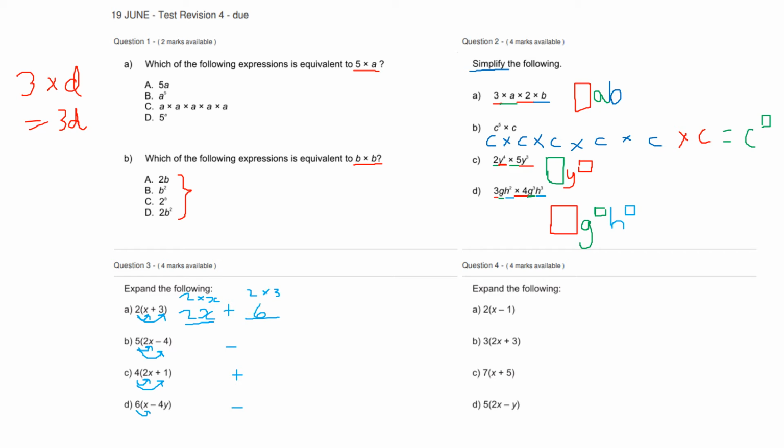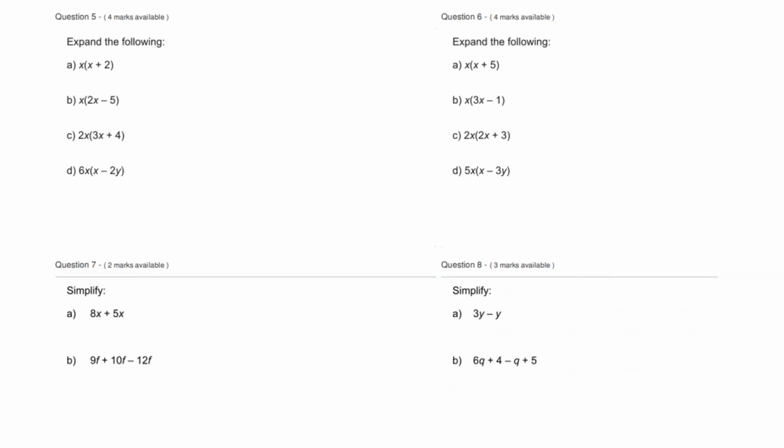So you're going to do the same again on question 4. You're going to times by the first term and times by the second term. So your final answer has 2 bits. Okay, so that'll be 2 terms in your final answer. Question 5 is similar, it's just we've got some powers this time, the same on question 6. So remember, x times x is x squared.